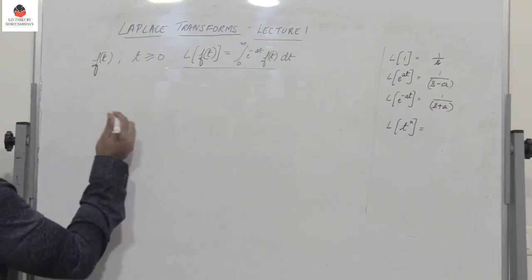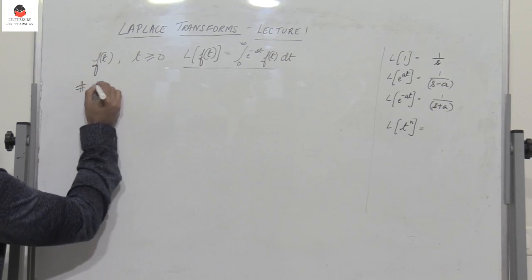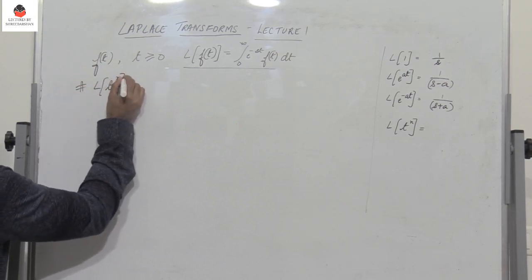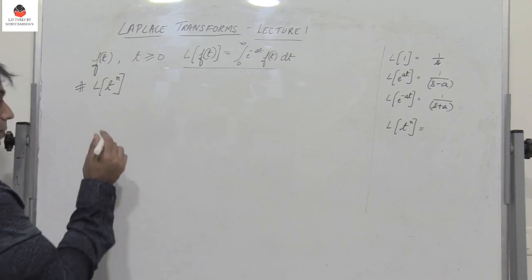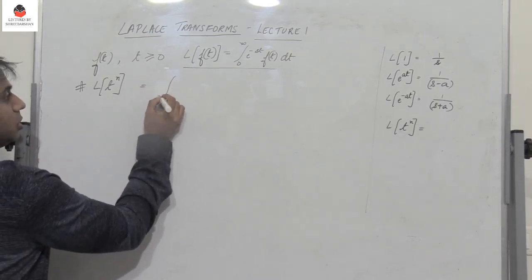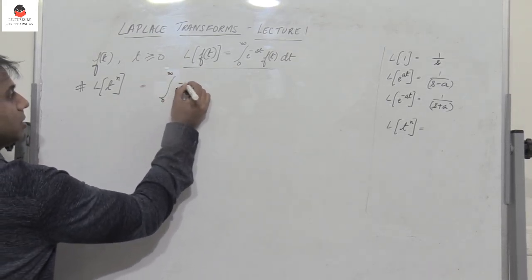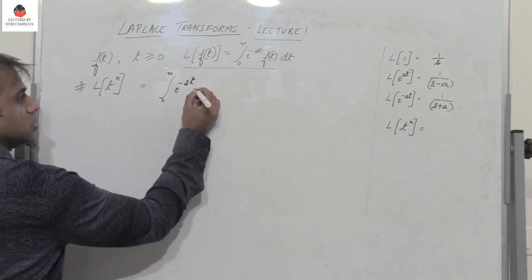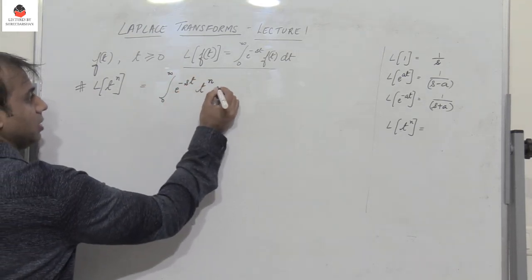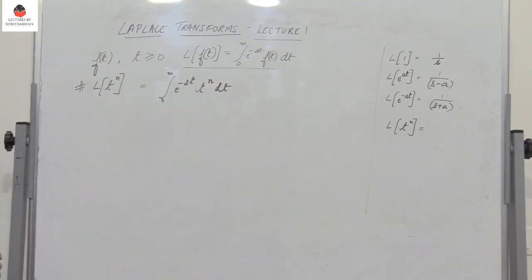So let us find the formula of the next one. You have Laplace transform of t power n. Now this is a very important formula. So this is equal to integral 0 to infinity e power minus st, so instead of f of t, I have t power n dt. Right? So now what do we do? We have to use a substitution.